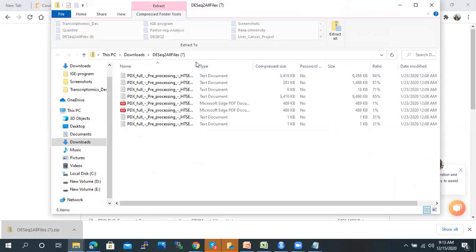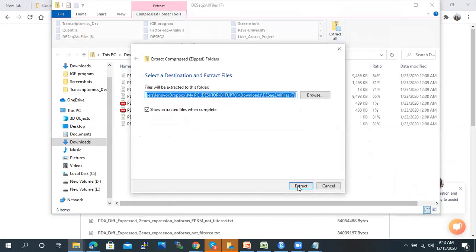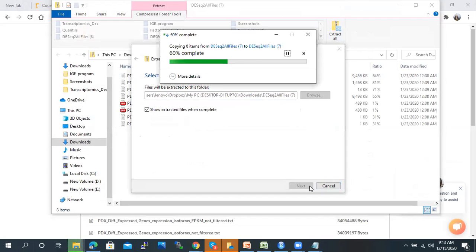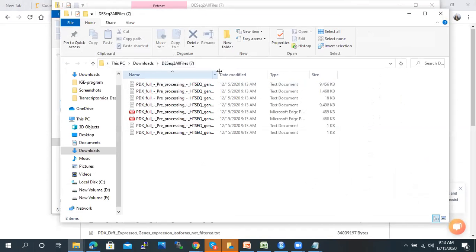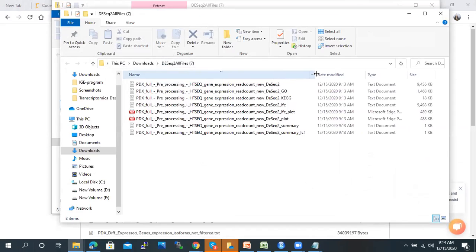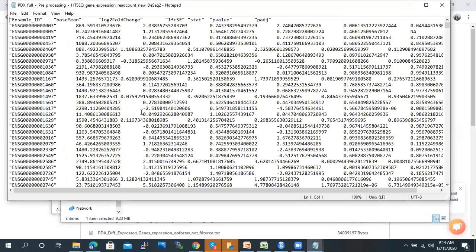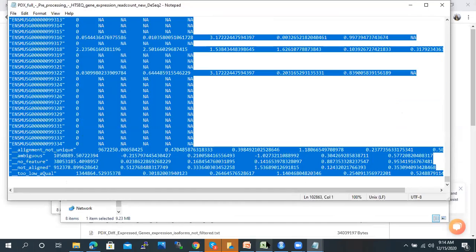If you download this, you will find various outputs. Let's see what these outputs contain. So the first output, if I click on this, let's look at what it contains. I'm just pasting it in Excel.